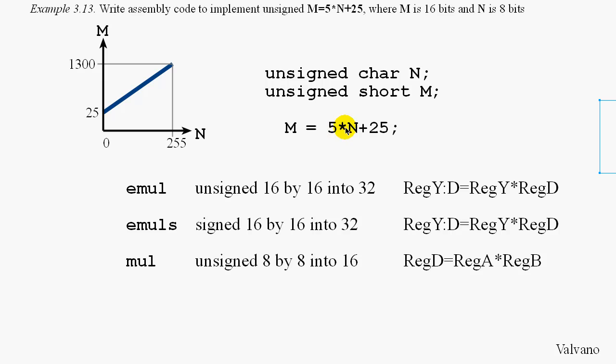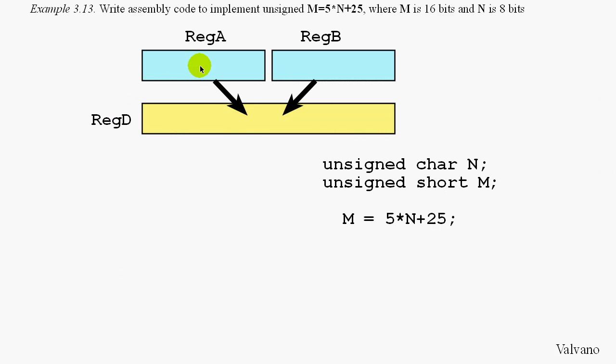Because the number 5 and the number n are both 8-bit numbers, we're going to be using the MUL instruction because it'll be simpler. The MUL instruction takes the 8-bit value in register A, multiplies it by the 8-bit value in register B, and stores the product into register D.